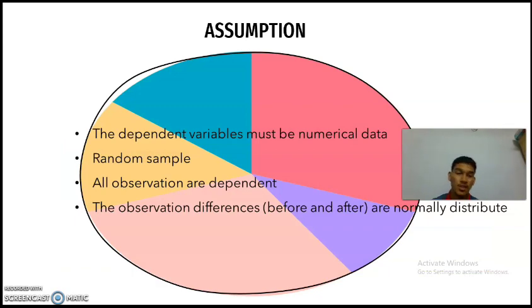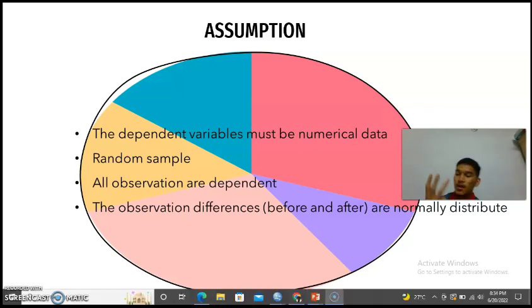For the assumptions: the dependent variable must be numerical data; the sample is random; all observations are dependent; and the differences between before and after observations are normally distributed.